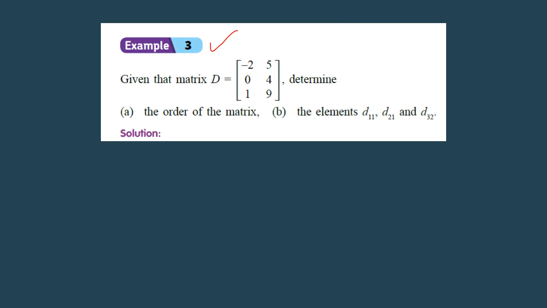Example 3. Given matrix D is this one. Determine the order. Okay, what's the order? Remember RC, row to column. So how many rows? 1 2 3.